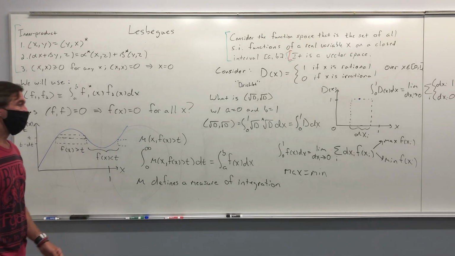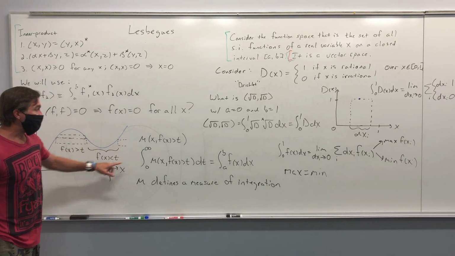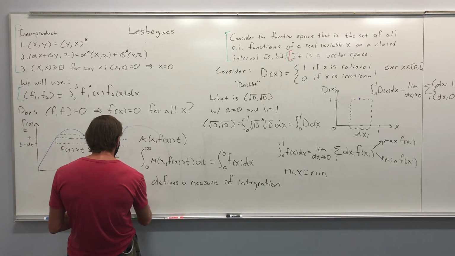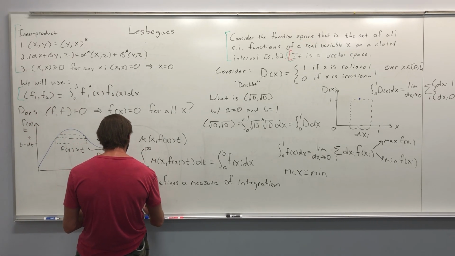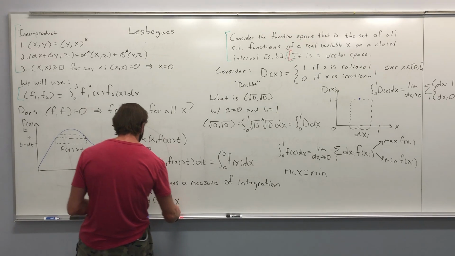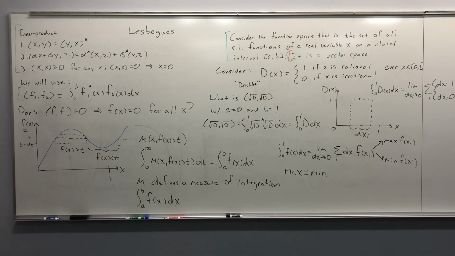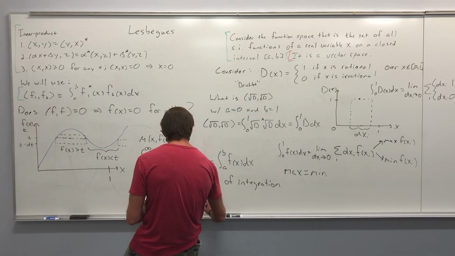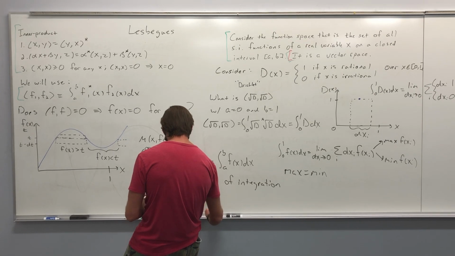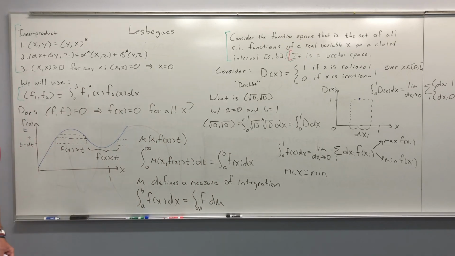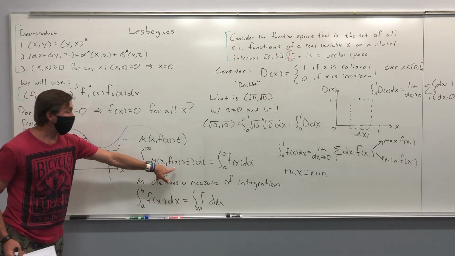Okay? So this defines a measure of integration here. So that means that we can introduce the following notation, that the integral over the interval from a to b of f of x dx is equal to the integral over the interval from a to b of f d mu. Okay? Where this integral is defined in this way.